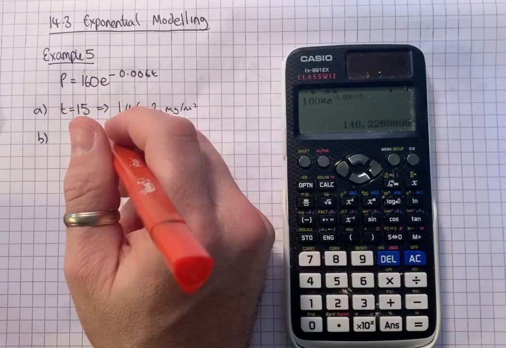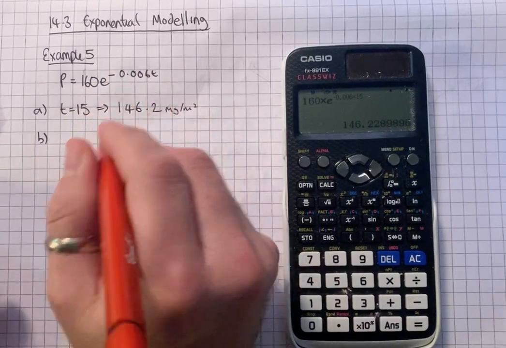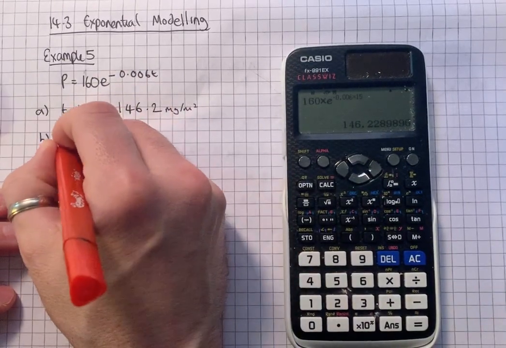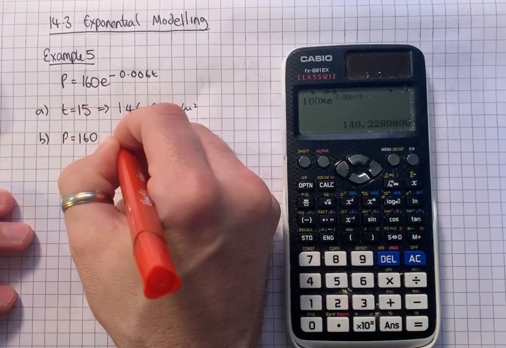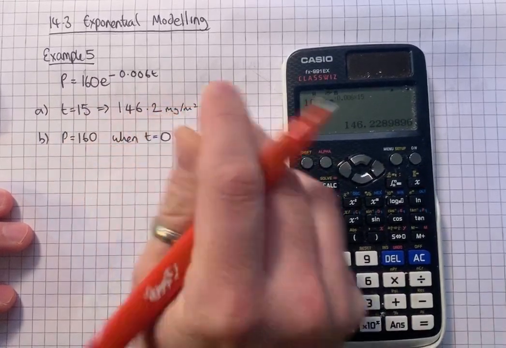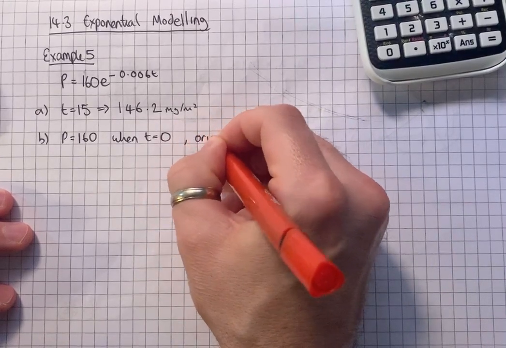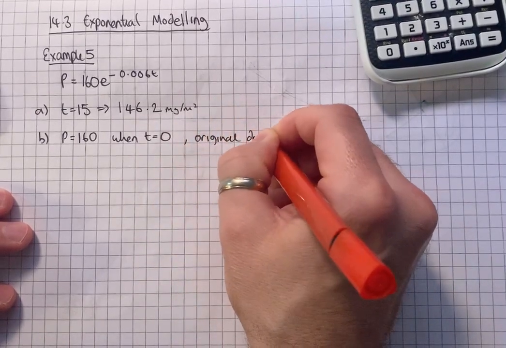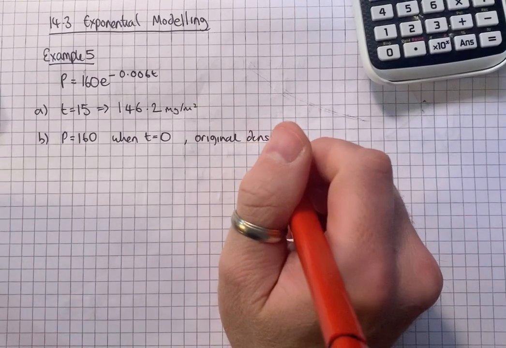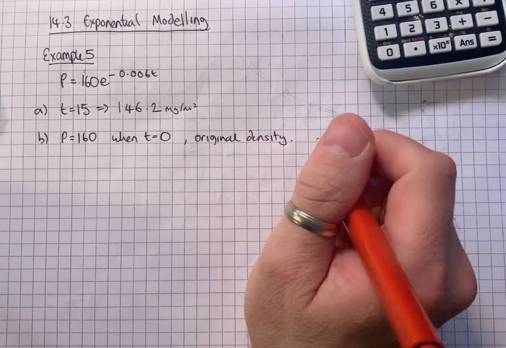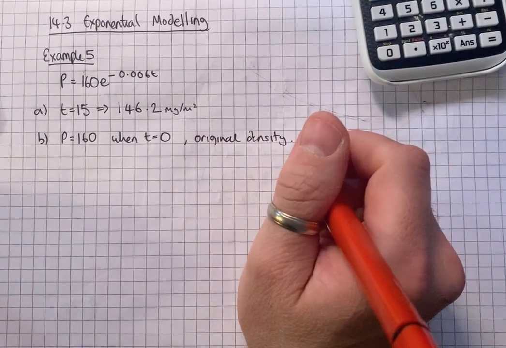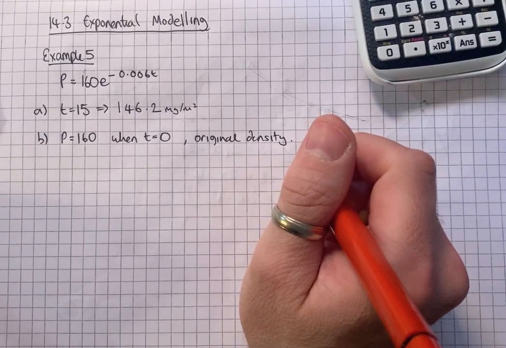So the original value of the density. So P equals 160 when t equals 0. So that will be the original density. Or the initial density is probably a better way of calling that.